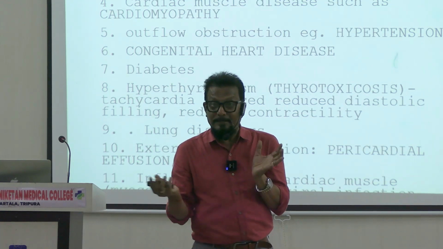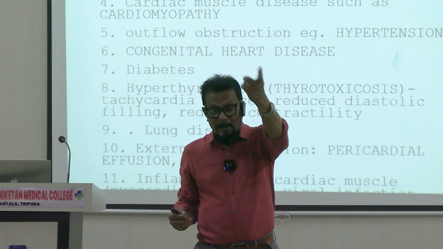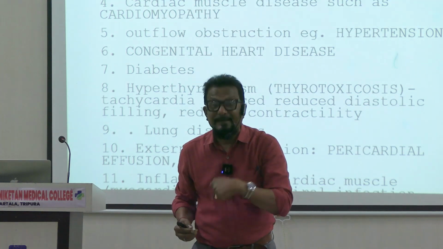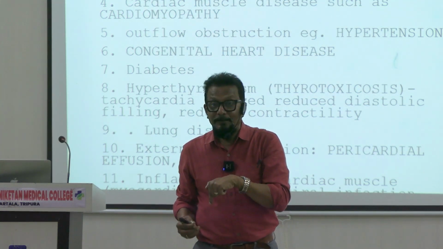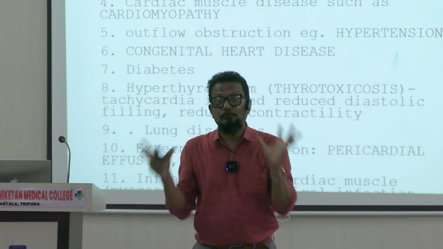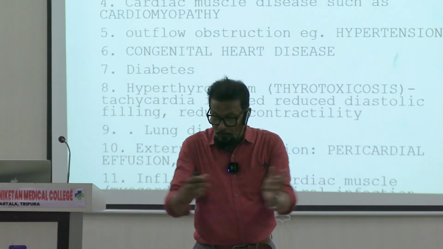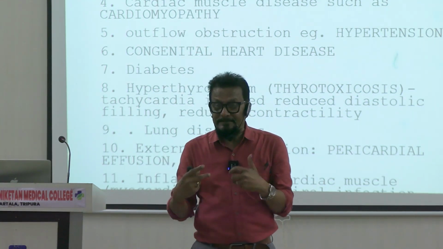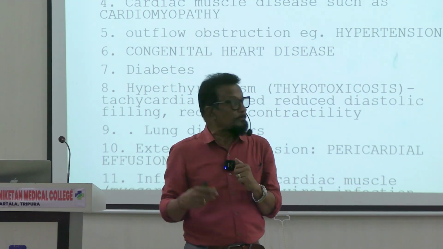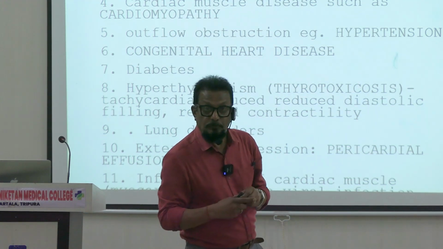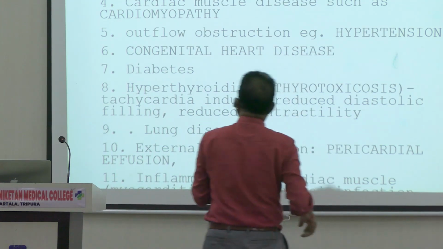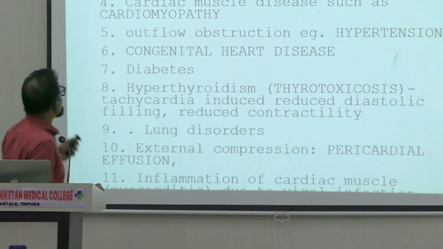Again, during diastole, some of the ejected blood comes back. Regurgitation will be there, so this extra blood has to be pumped out again. Because of this additional work, the cardiac muscle may fail.